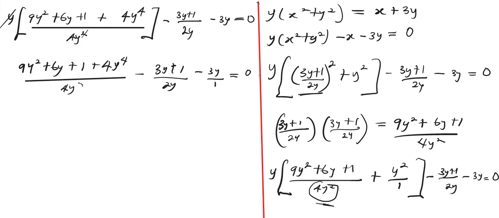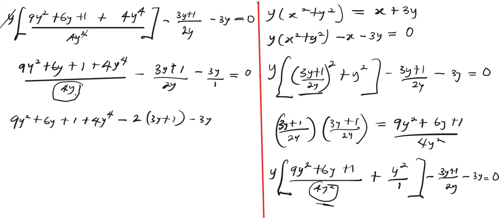So we are going to have 9y squared plus 6y plus 1 plus 4y power 4, minus, this 4y will divide 2y and we are going to be left with 2 into (3y plus 1), minus 3y will multiply this 4y, okay, equals 0, and the 4y will multiply 0 and we have 0, okay.